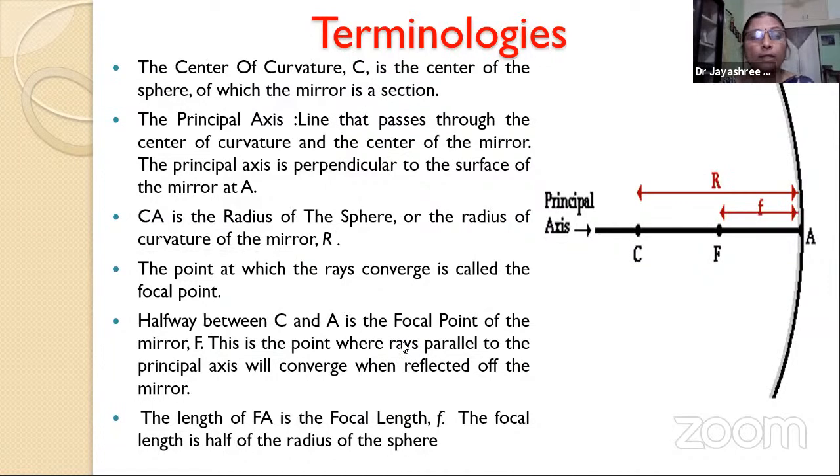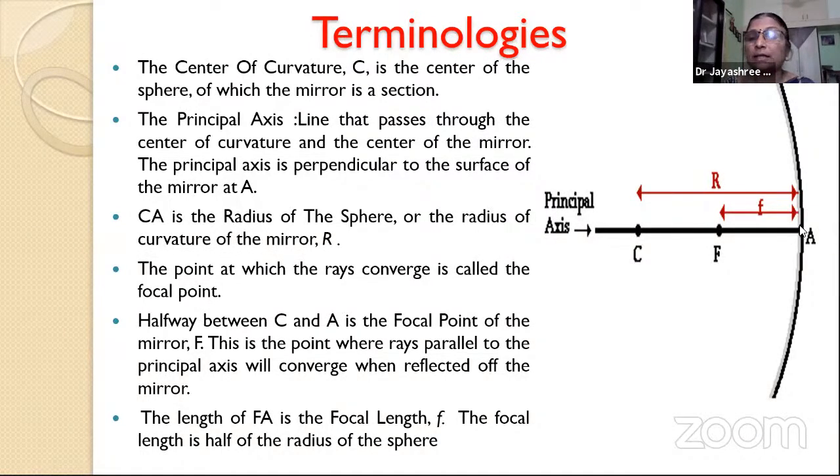So what is this principal axis? That is the line that passes through the center of the curvature and the center of the mirror. The principal axis is perpendicular to the surface of the mirror at point A.